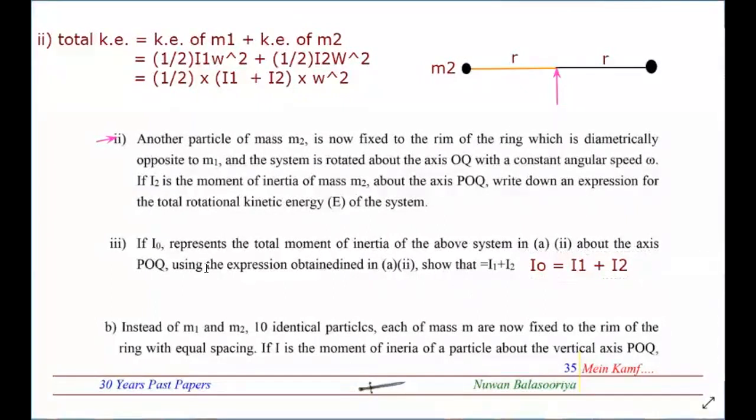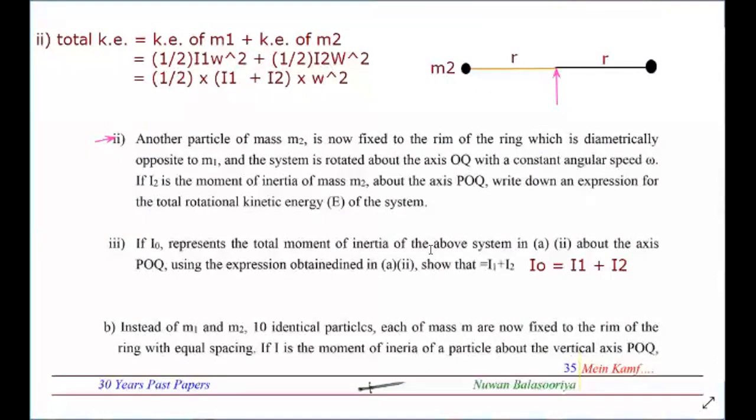How do you prove this, dear? If I naught represents the total moment of inertia of the above system in A Roman number 2 about the axis POQ, this is POQ, using the expressions obtained in A Roman number 2, show that I naught equals I1 plus I2.